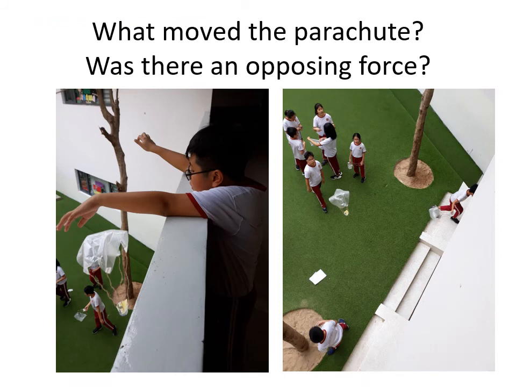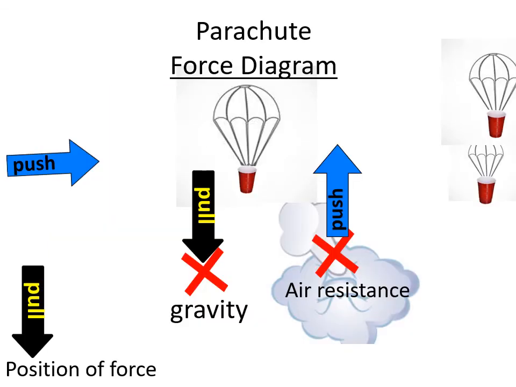So we talked about what moved the parachute when we did the experiment. We said it was gravity, and was there an opposing force? Yes, there was. That was the air resistance. And we showed that on our force diagram. This diagram shows balanced forces.